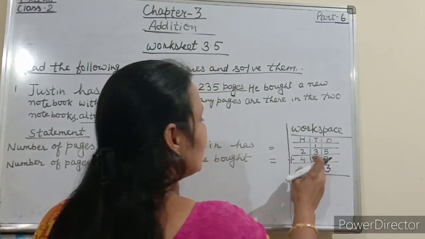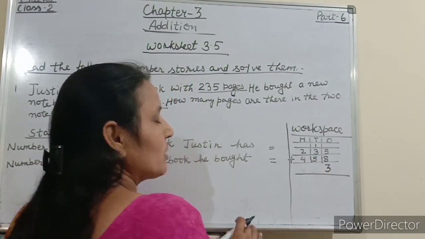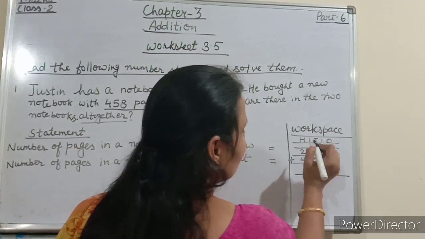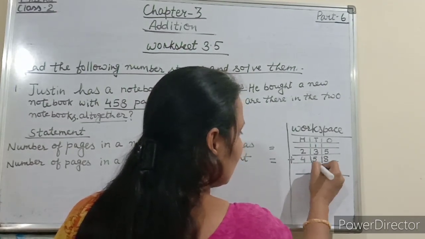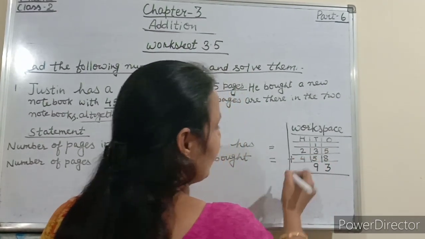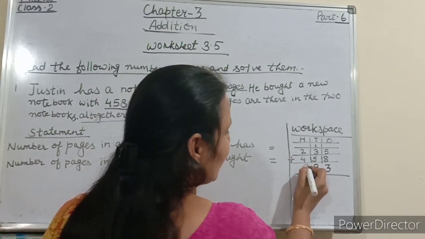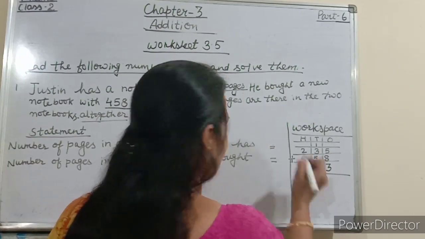Now add 3 plus 5, that is 8, and 1 more, 9. Very good. Now come to the hundreds place. 2 plus 4 is equal to 6.